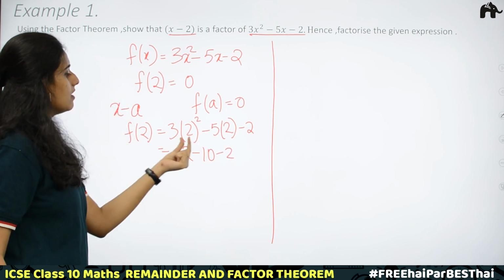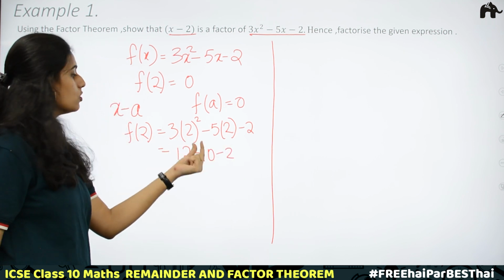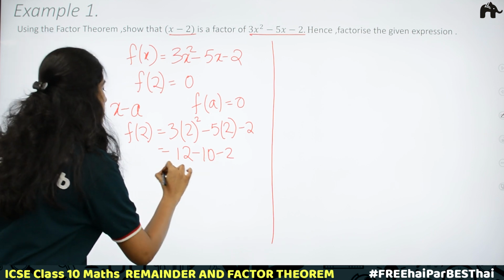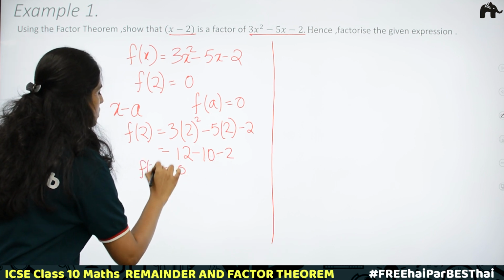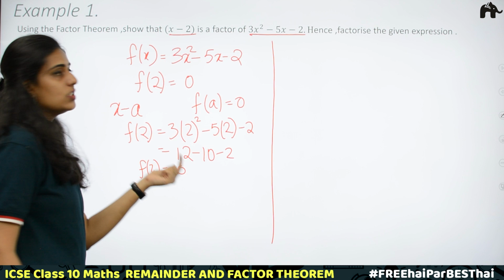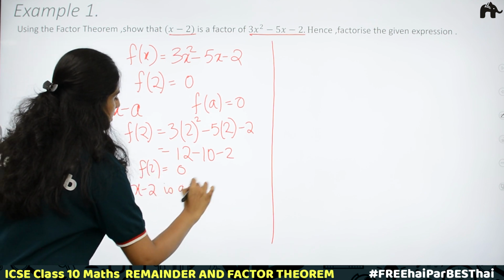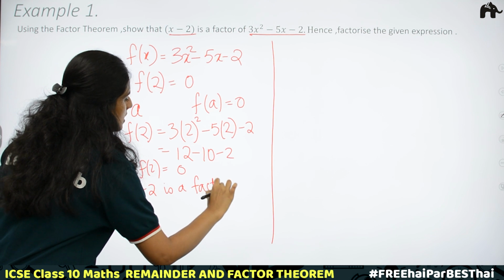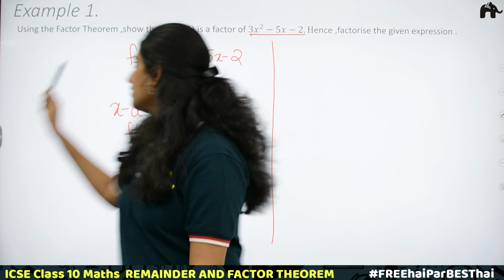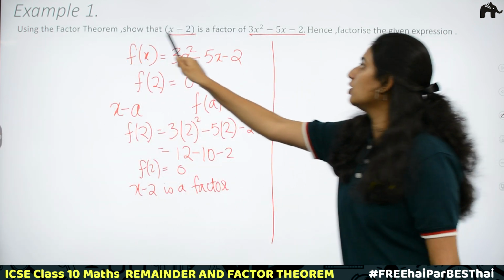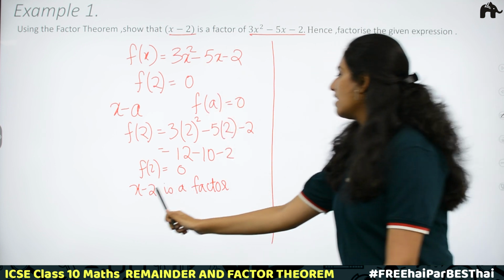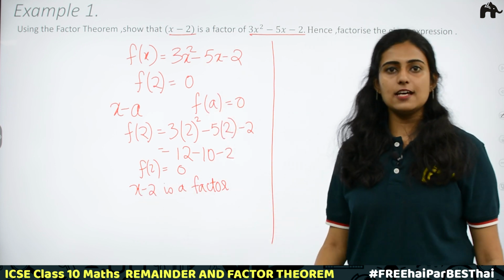That is 12 minus 10 is 2. 2 minus 2 is 0. We got f of 2 is equal to 0. If f of 2 is 0, then x minus 2 is a factor. Okay. So, the first thing, that is to show that x minus 2 is a factor, we have got x minus 2 is a factor.